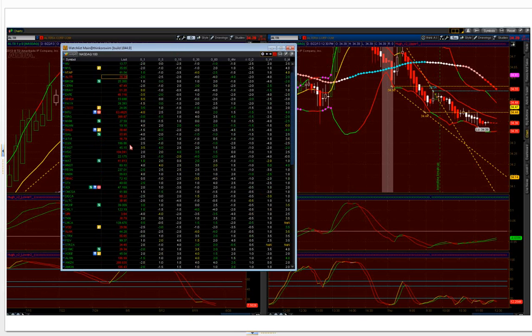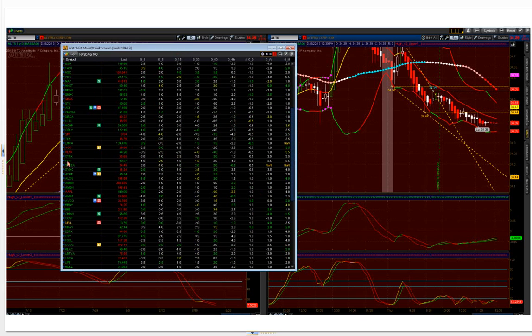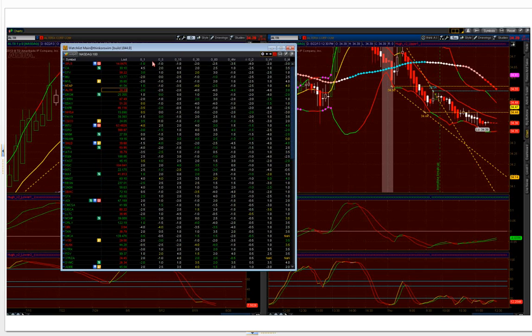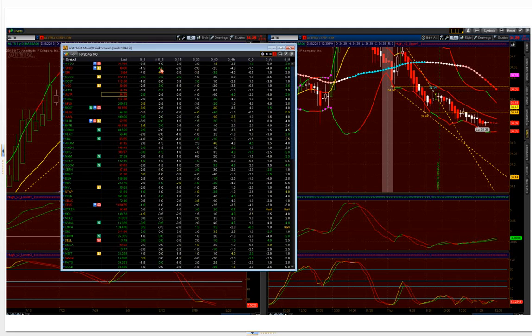So let me scan down here. So the 5-minute time frame. Oh, let's look at Google. Google's in a squeeze on the 1 minute, 5 minute, 15 minute.